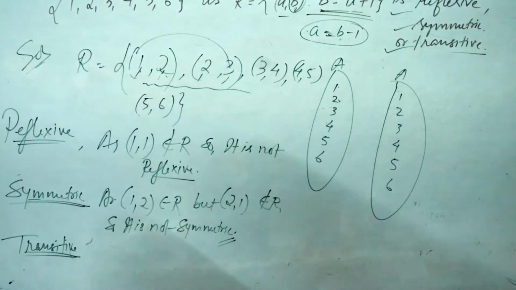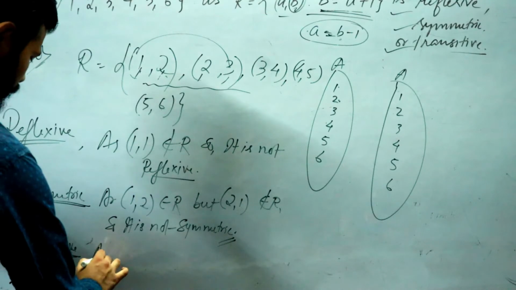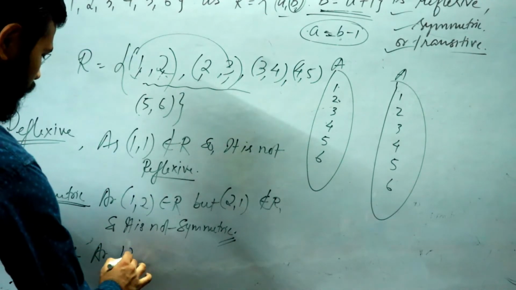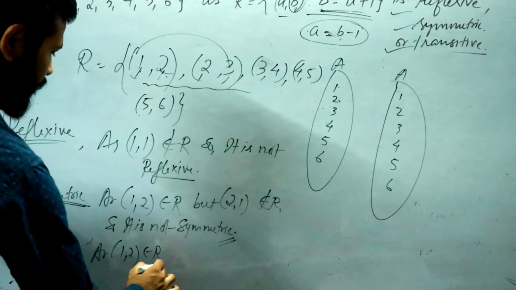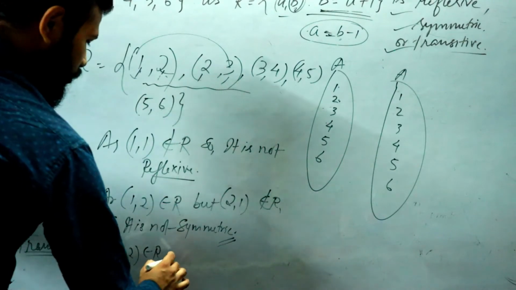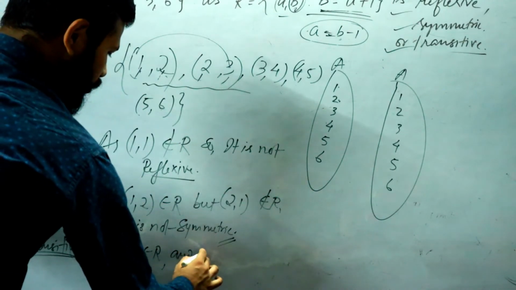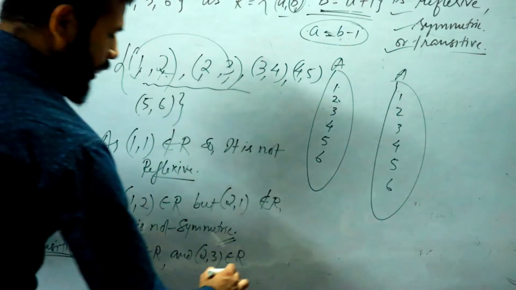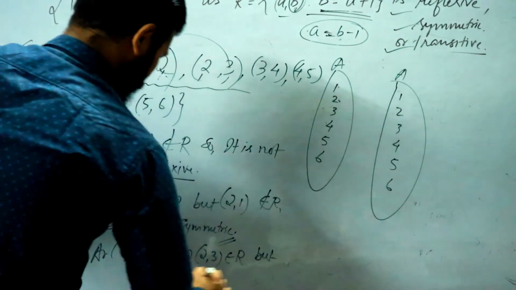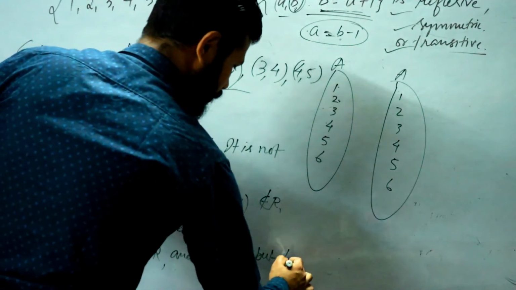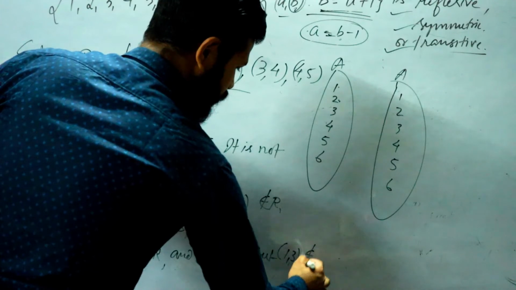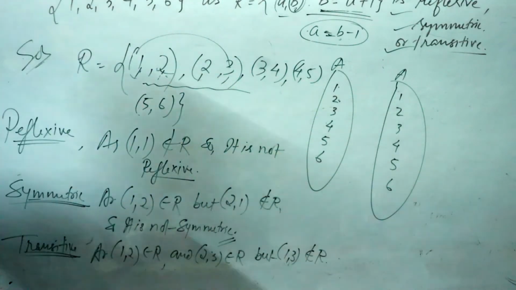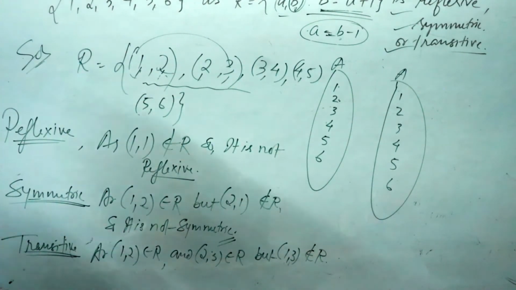So we can clearly say that it is not transitive. (1, 2) belongs to the relation, and (2, 3) also belongs to the relation, but (1, 3) does not belong to the relation, meaning (A, C) is not in the relation.